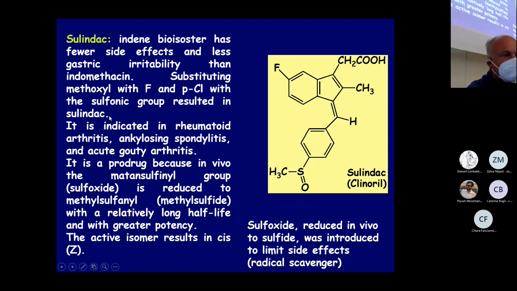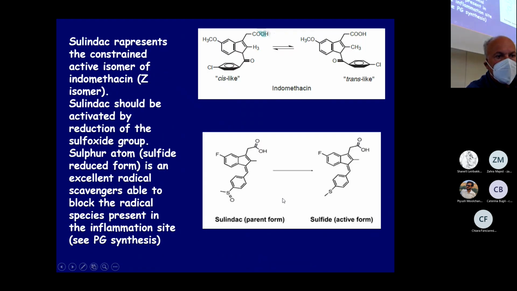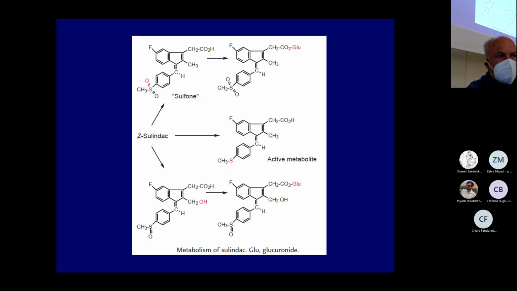Sulindac, we have already explained the importance of the sulfur atom, the active form. Here you can see some metabolites. In particular, you see the active metabolite after the reduction of the sulfoxide to sulfide.